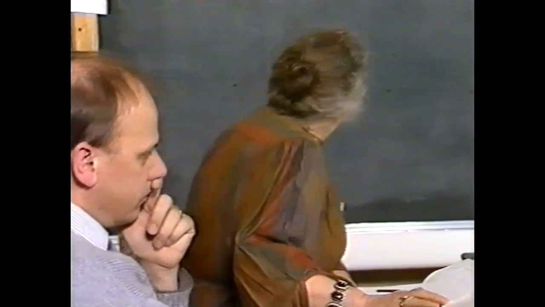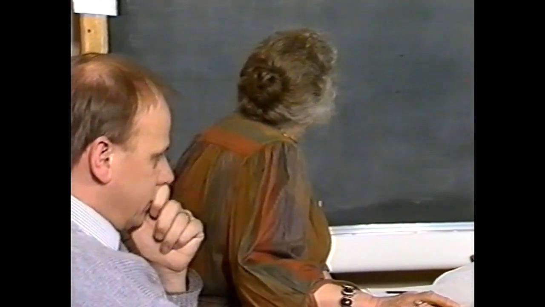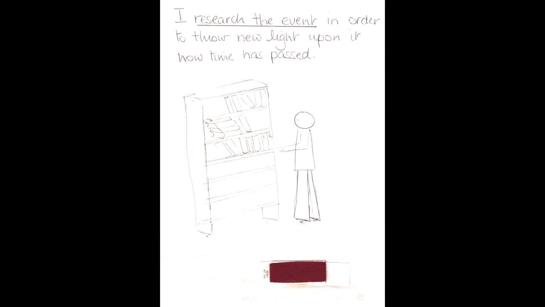So now we research the event. I want to throw new light on it because some time has passed. Now you see here, you've got to have a reason why we have to look into it. Now, the one I've chosen is that if we are running a modern hospice, and we want to scrutinise, we want to find a logo for our hospice.